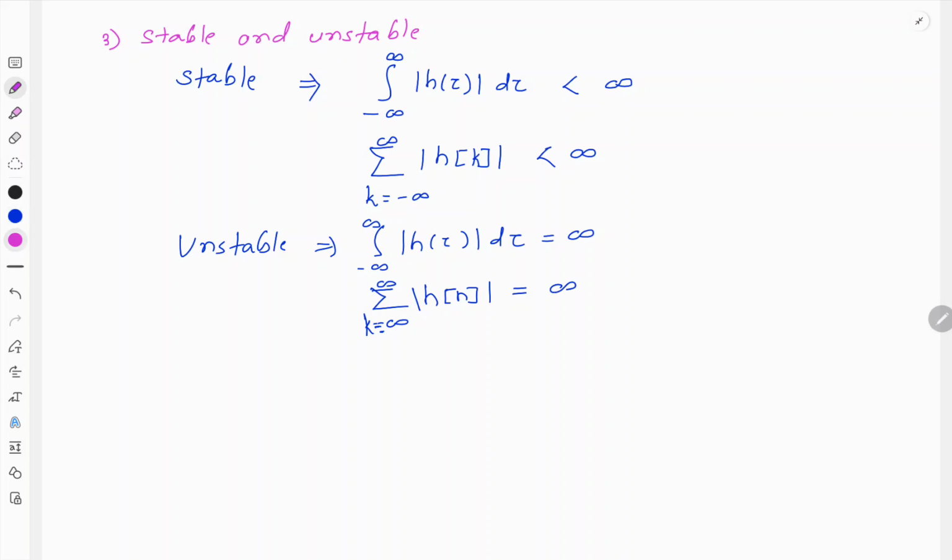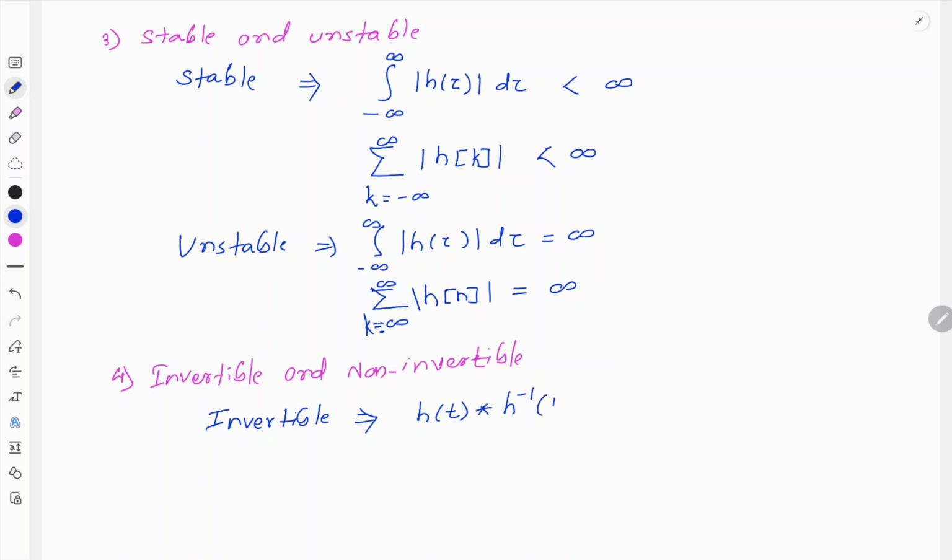And the last classification is invertibility, that is invertible and non-invertible systems. For a system to be classified as invertible, there exists an inverse system represented by h inverse of t, and if you convolve the impulse response h of t with h inverse, this convolution should result in the impulse function.